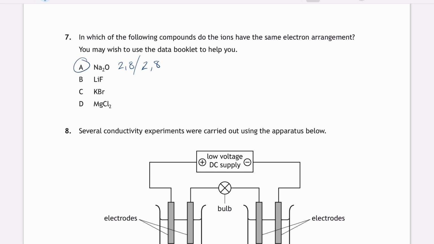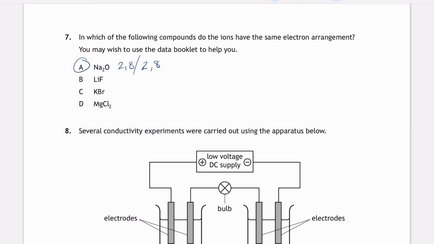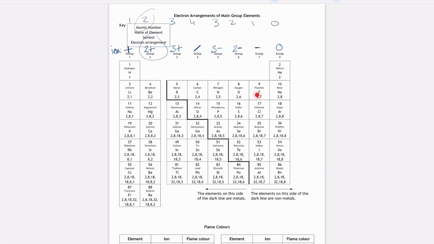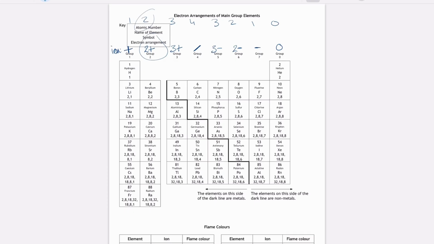If we just do the other ones for completeness, you can see how they're not the case, and also practice the skill of working out the ionic electron arrangements. So lithium would lose 1 electron and become 2. The fluorine would gain 1 electron and become 2,8. So they don't match, because that's 2 and 2,8. Potassium and bromine, so potassium would become 2,8,8. It would become like argon. Bromine would become 2,8,18,8.